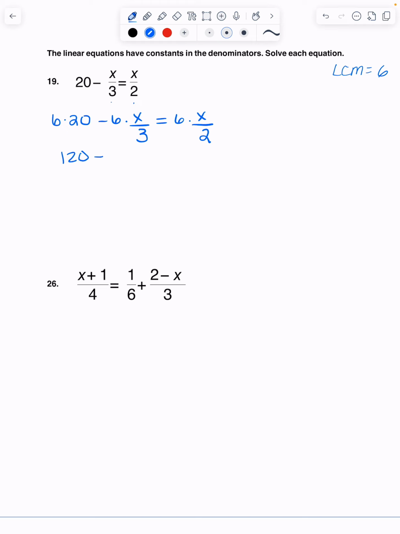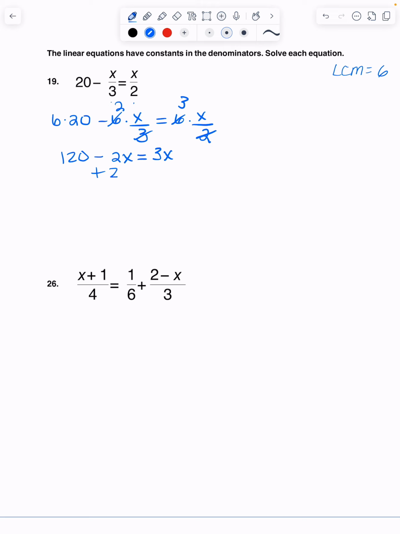Look what's going to happen here. 3 goes into 6 2 times. 2 times x is 2x. 2 goes into 6 3 times. 3 times x is 3x. So the beauty about this is when you multiply by that least common multiple, it takes away all the fractions.